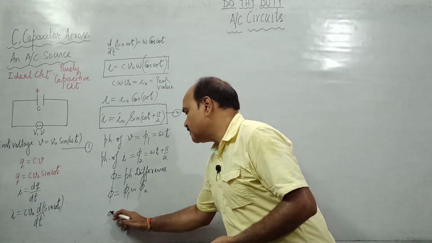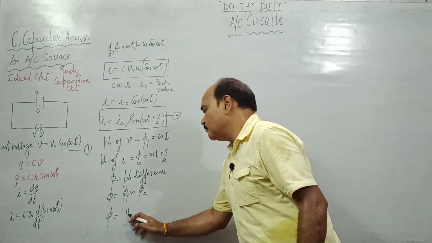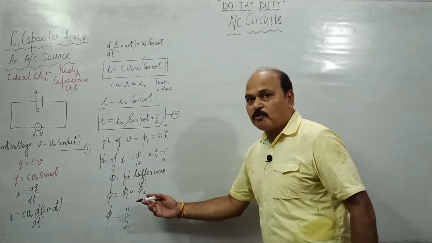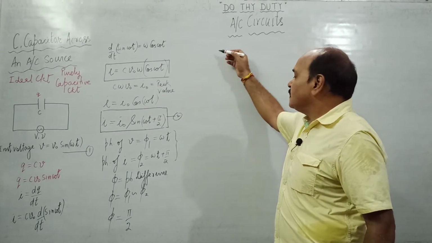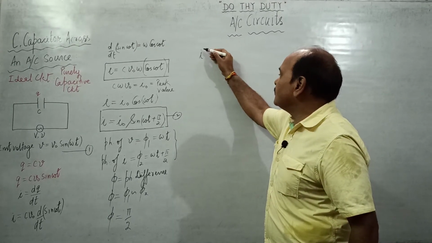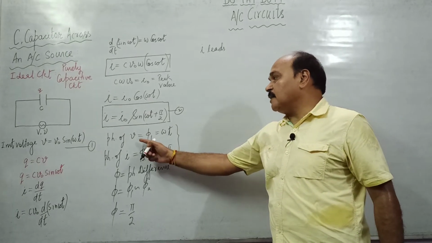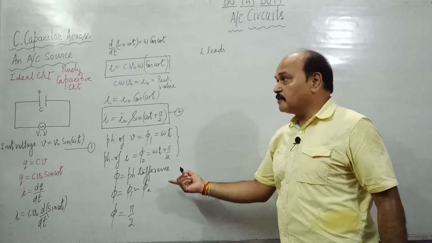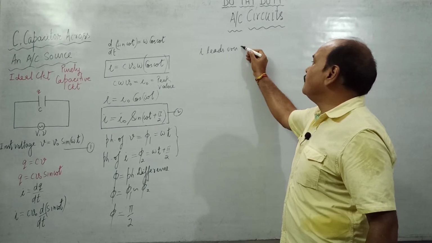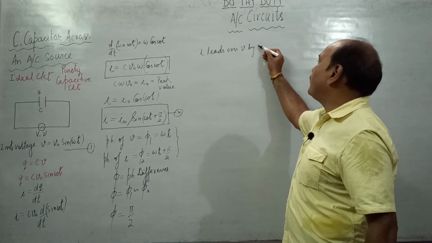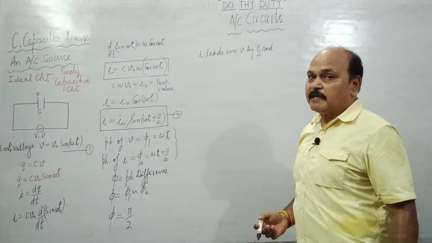The difference of these two angles is pi by 2. And what can we see from these values of phases is the fact that I leads. The phase of I is greater than that of V by pi by 2 radian. So we write it as I leads over V by pi by 2 radian, or 90 degrees.